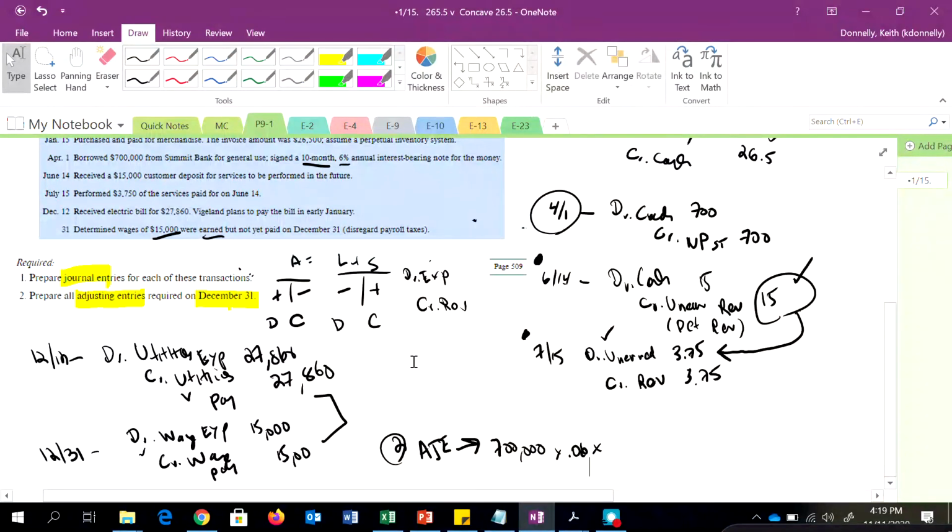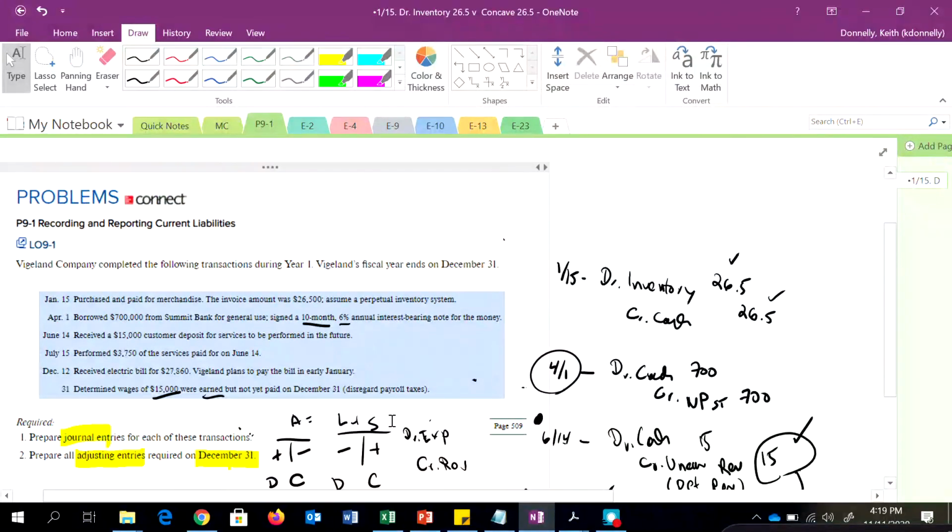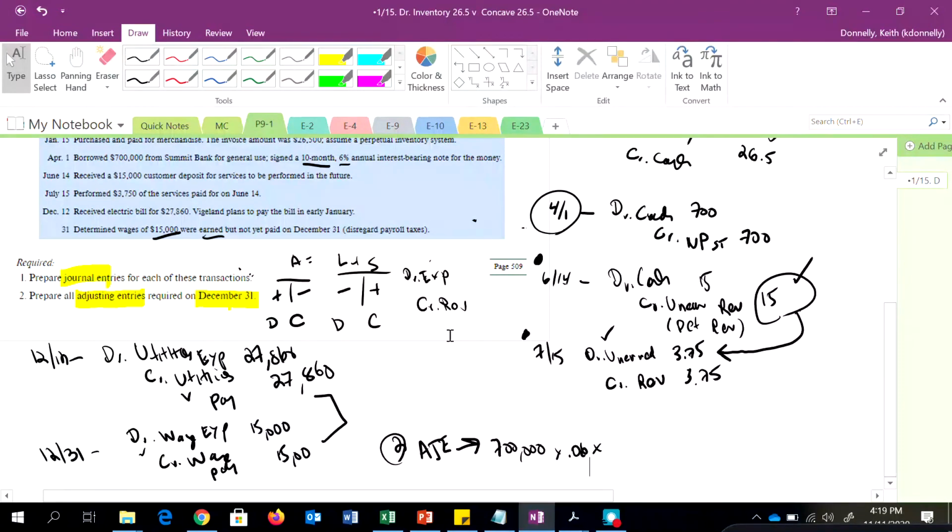So April, May, June, July, August, September, October, November, December. 9 months, right? You're allowed to bring your hands to the exam. 9 months have passed since we got the note, over 12 months. That equals $31,500.